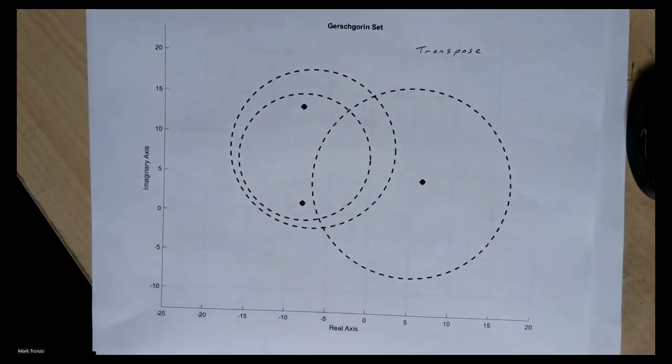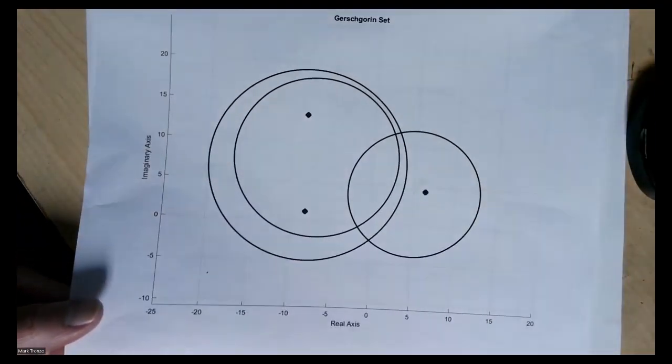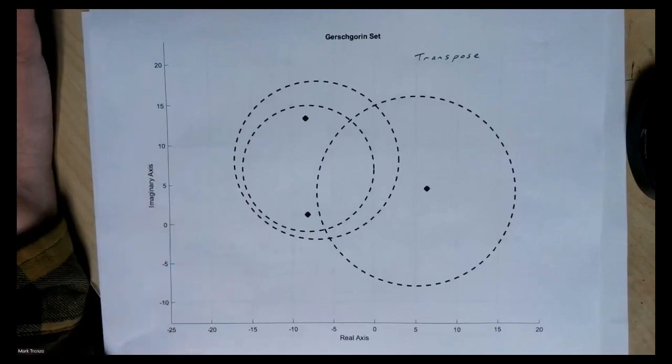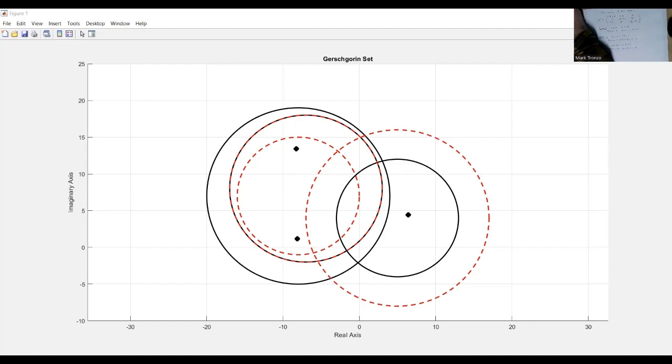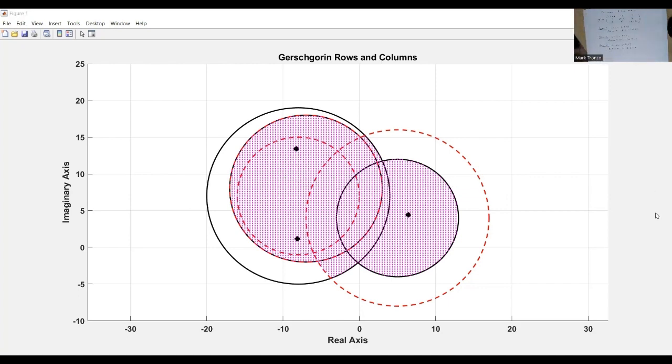In other words, we're intersecting this whole set with this whole set. And let's do that. And this is what we get when we intersect those two sets.